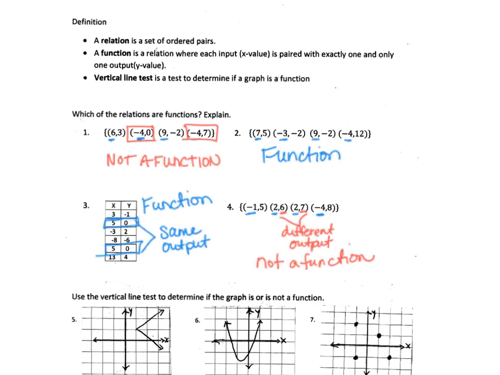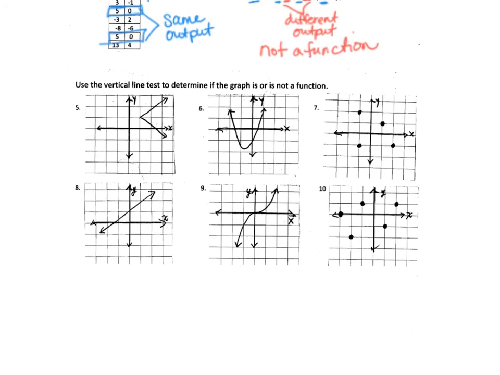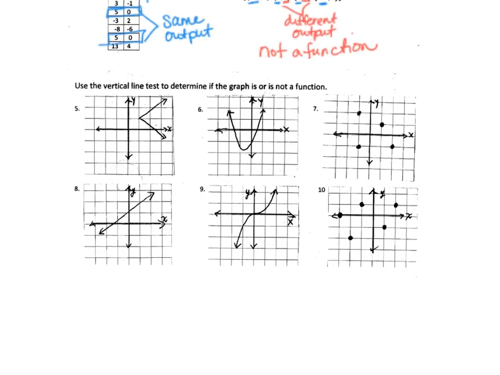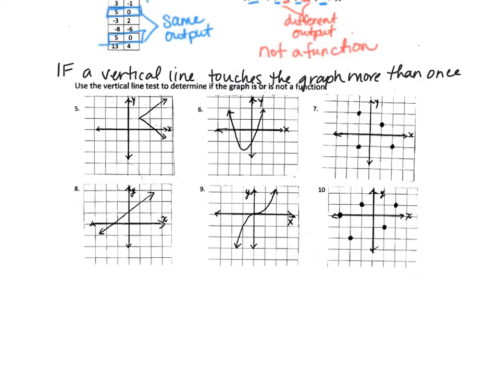Now, because the input is the x-axis, we can use the vertical line test to determine if a graph is a function or not. The vertical line test says if a vertical line touches the graph more than once, the graph is not a function.